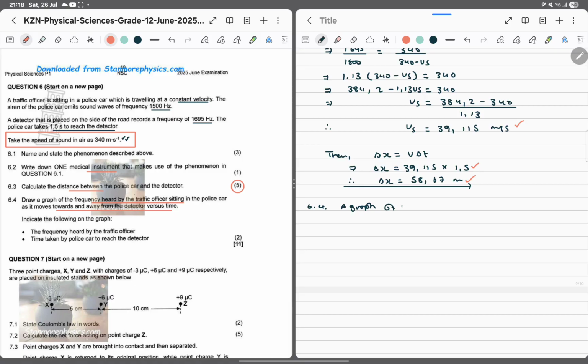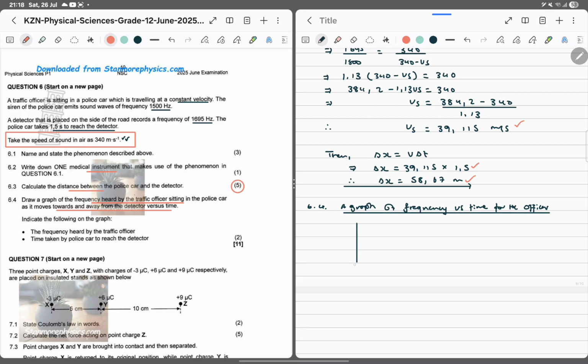A graph of frequency versus time for the officer. All right, we can just say that.